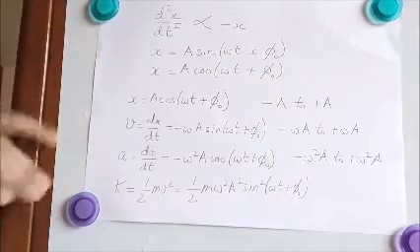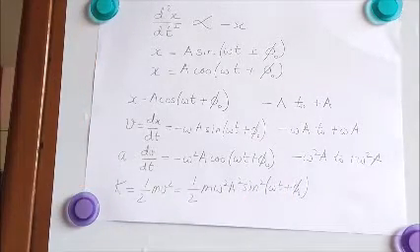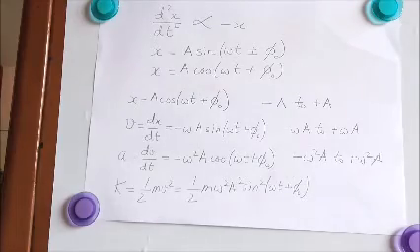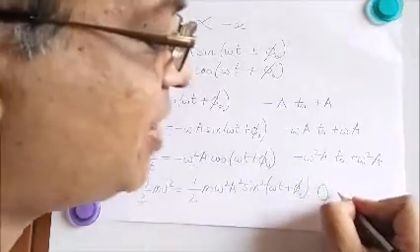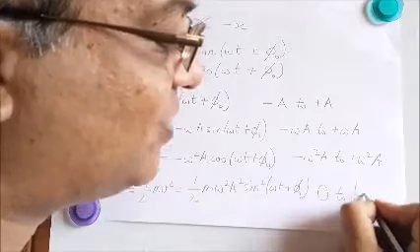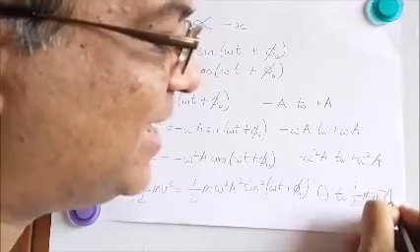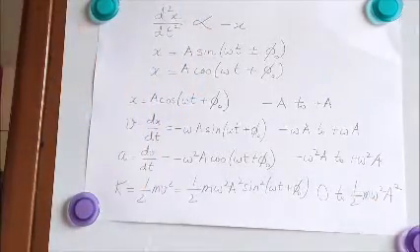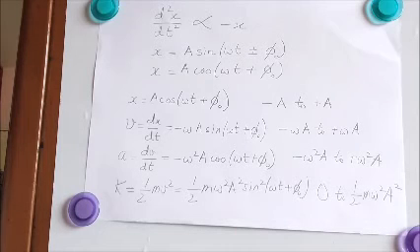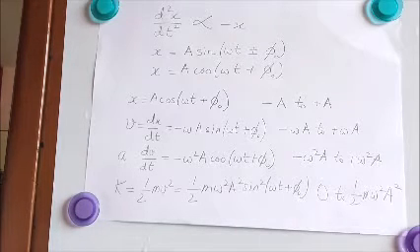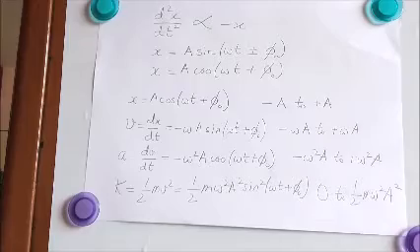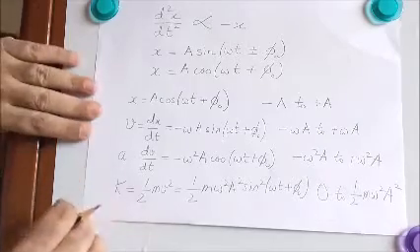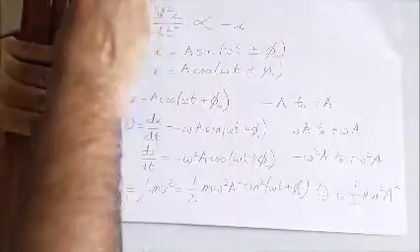And this kinetic energy therefore varies from 0 to half m omega square a square. At the extreme position, kinetic energy is 0. At the mean position, kinetic energy is maximum. So these equations are important. We have to memorize them.